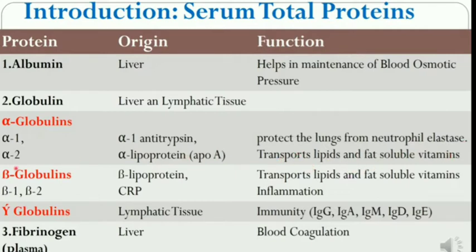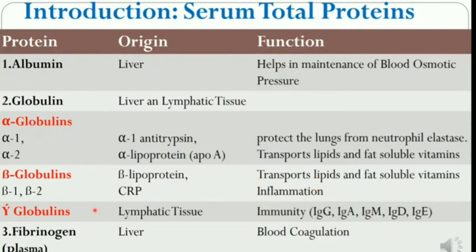fat-soluble vitamins. The beta globulins consist of beta 1 and beta 2. Beta 1 example is beta lipoprotein and beta 2 example is C-reactive protein. The beta lipoprotein again helps in transport of lipids and fat-soluble vitamins, whereas C-reactive protein is seen to play an important role in various inflammatory processes.